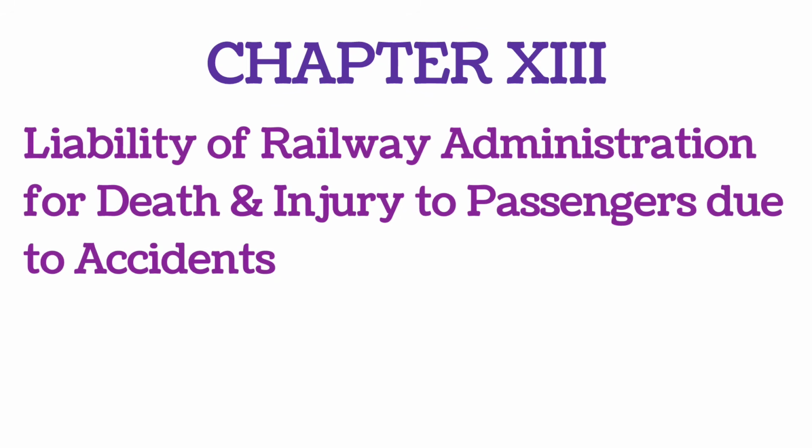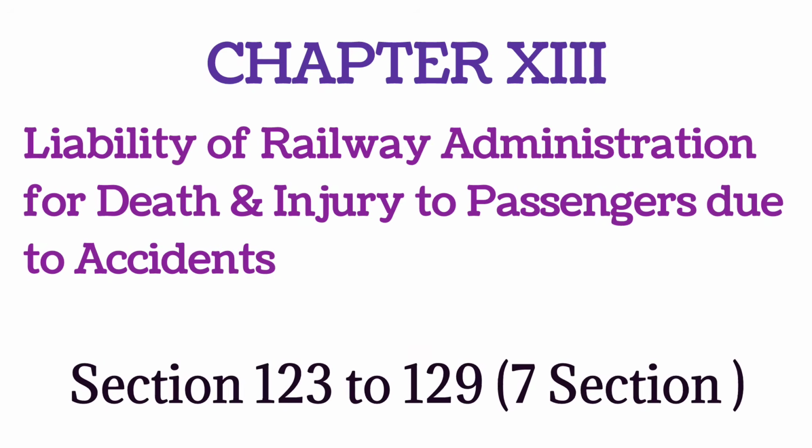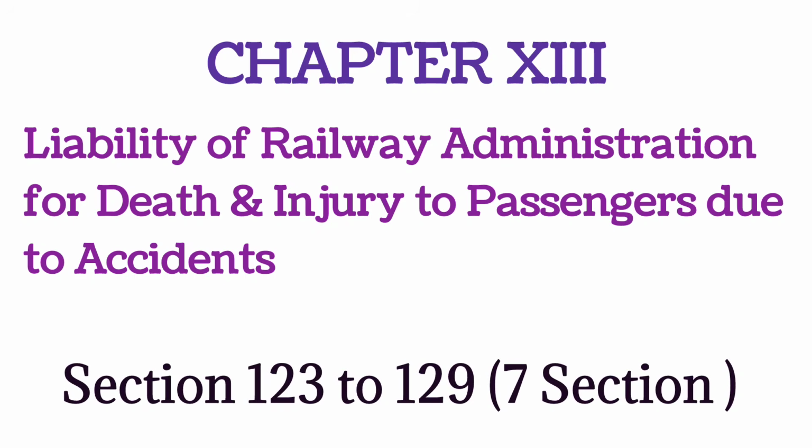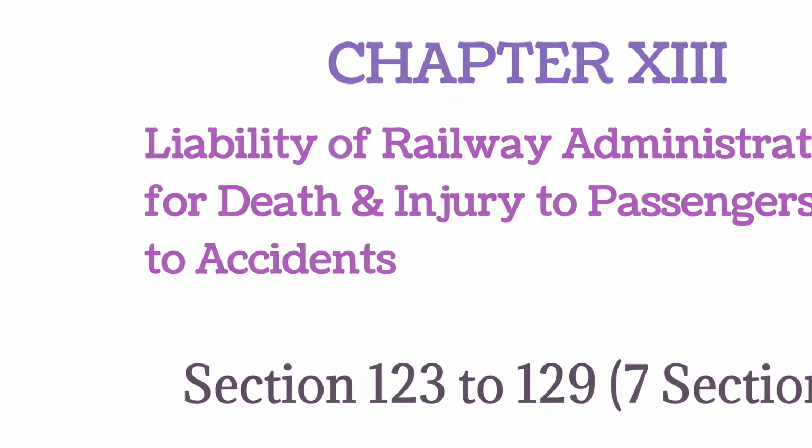So next is chapter 13. Liability of railway administration for death and injury to passengers due to accident is mentioned in chapter 13. Chapter 12 is accident, and after the accident it is given in chapter 13.